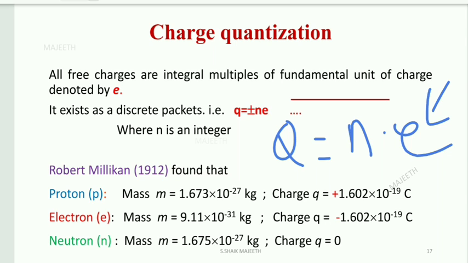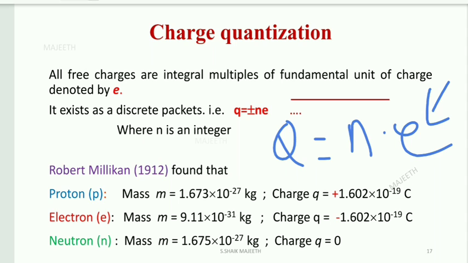Then what is the value of this e? That was found by Robert Millikan in 1912, and he found that the e value of the electron is minus 1.602 into 10 power minus 19 coulomb, and the e value of the proton is plus 1.602 into 10 power minus 19 coulomb.